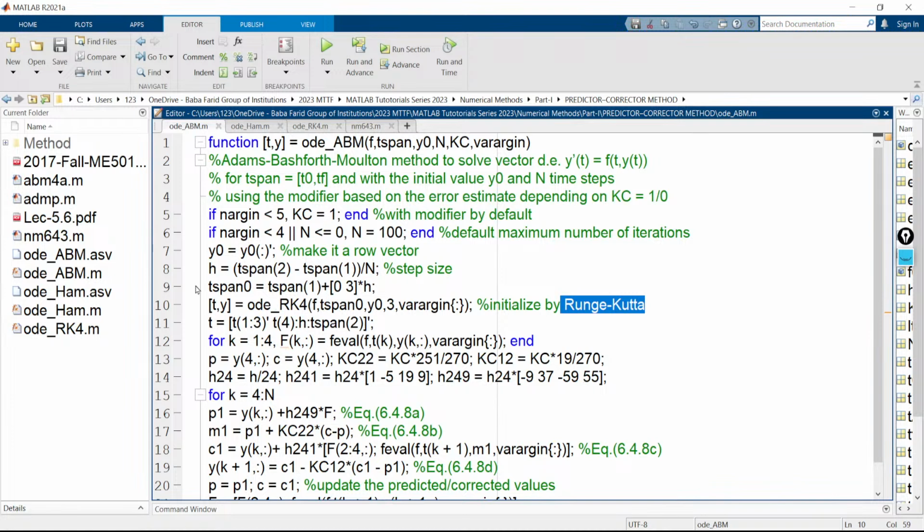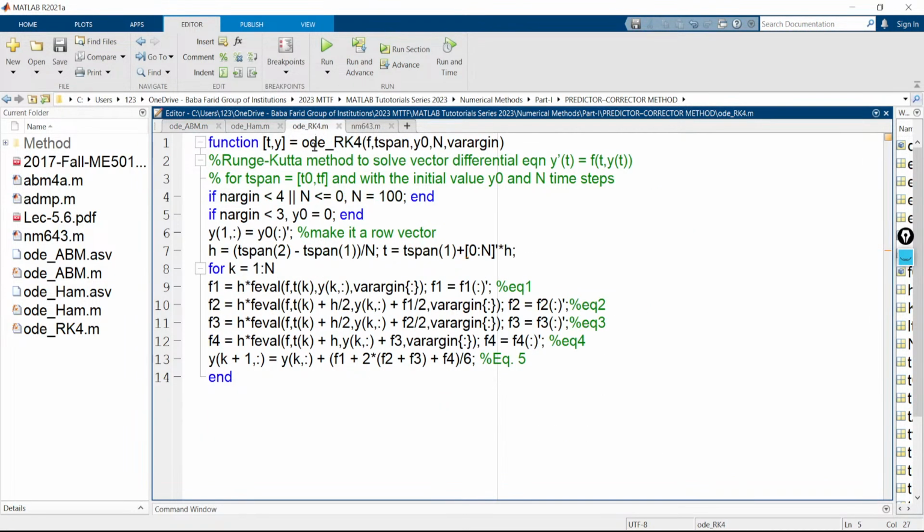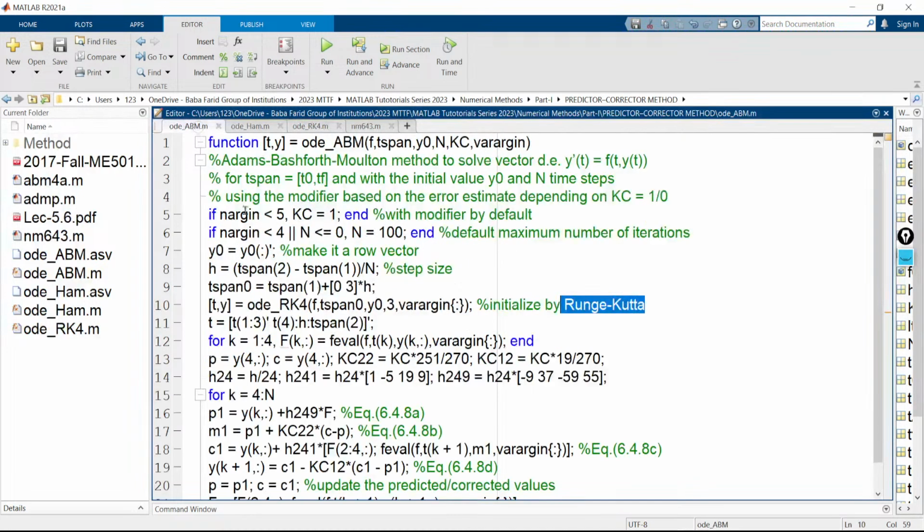So the same method we are using here, which we wrote the code for earlier. This code is used here to find the solutions for the initialization. So here is T-span, 0 to 3.